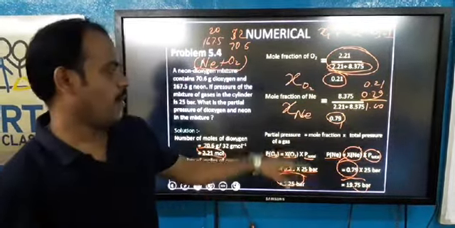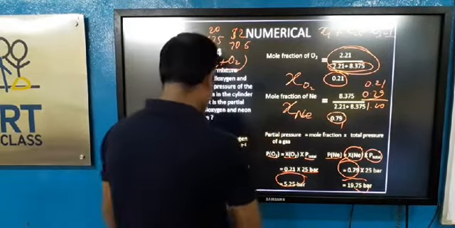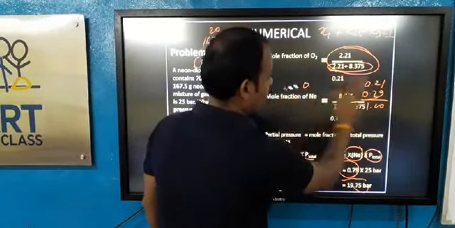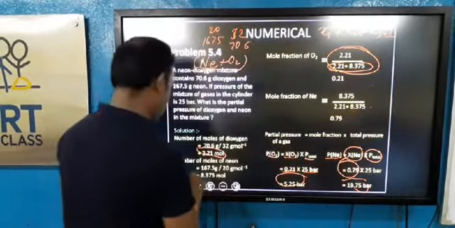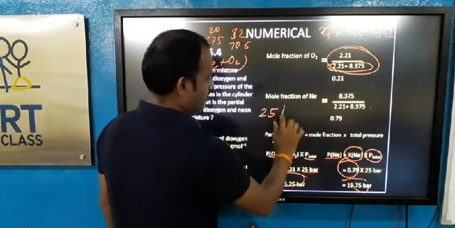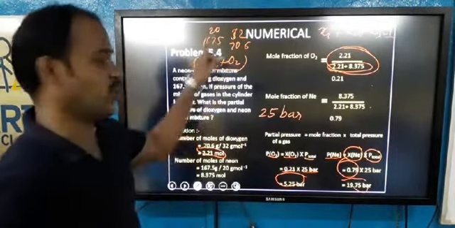Then second, verify the law of partial pressures. You know what the total pressure was? Total pressure was 25 bar. In the question the total pressure is given as 25 bar, and this is the pressure of the mixture of gases.